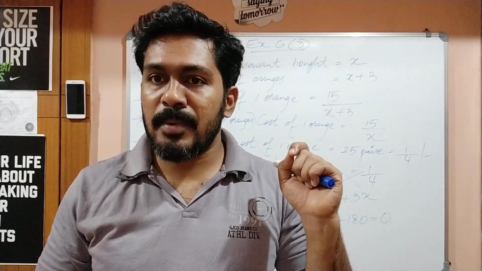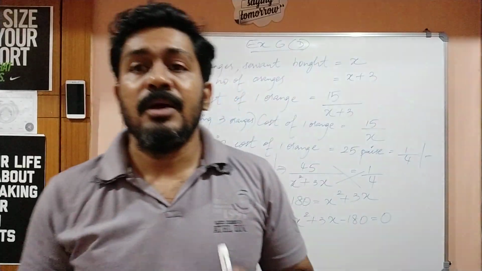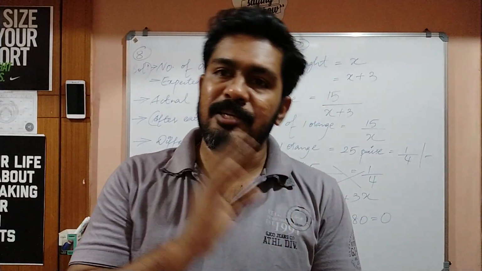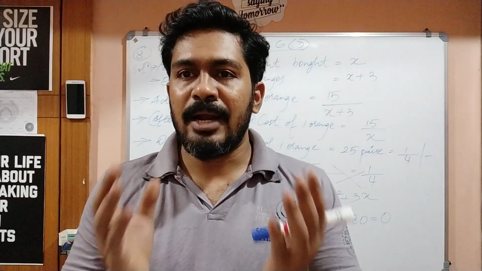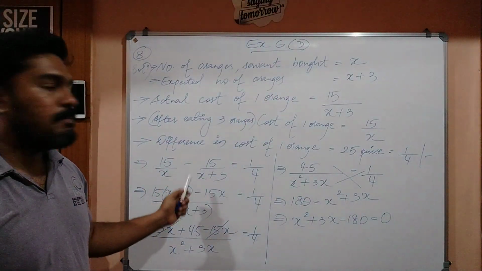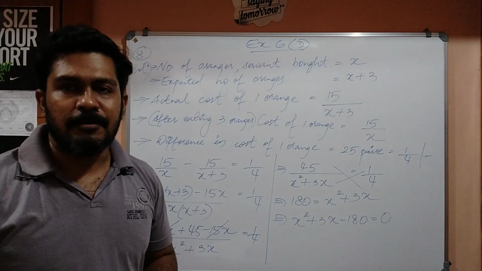How much is that extra money? 25 paise per orange. Now let us find out what is the difference between the cost of X oranges and X plus 3 oranges. That difference is equal to how much? 25 paise. That is the reason I have written 15 upon X minus 15 upon X plus 3, which is equal to 1 by 4.